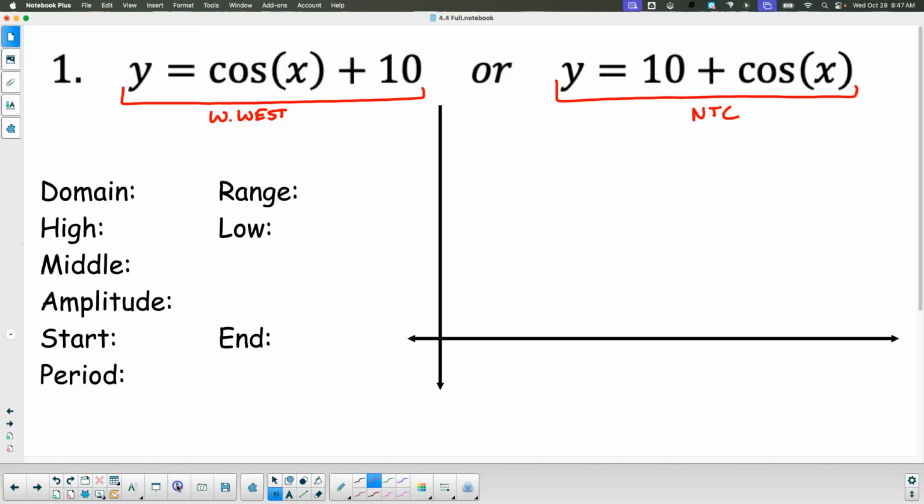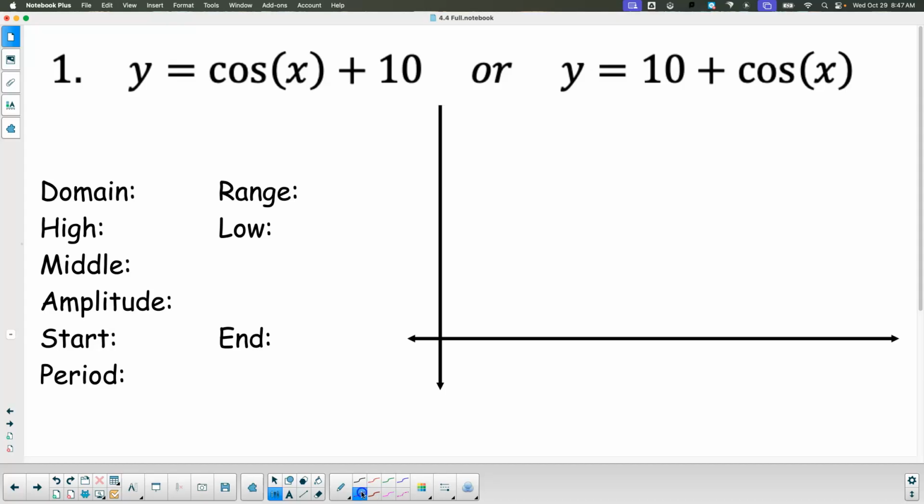So, with that being said, I'm going to look at this number here and straight up as is, 10, or positive 10, is my middle. I look back here. This is my A value. What is there? 1. That's my amplitude of 1.